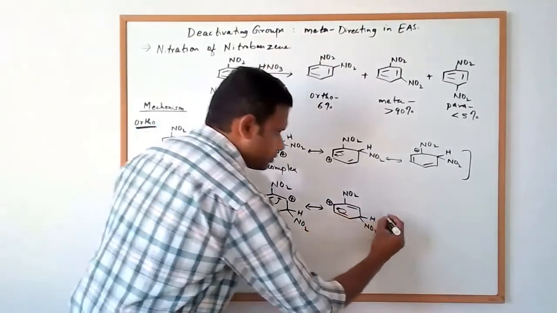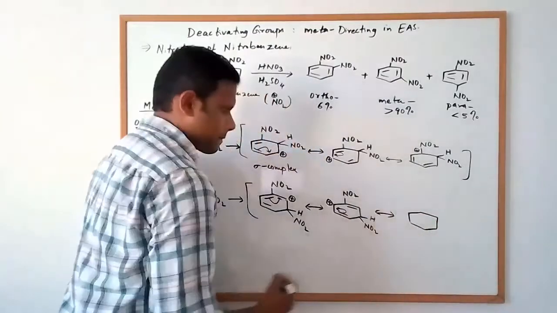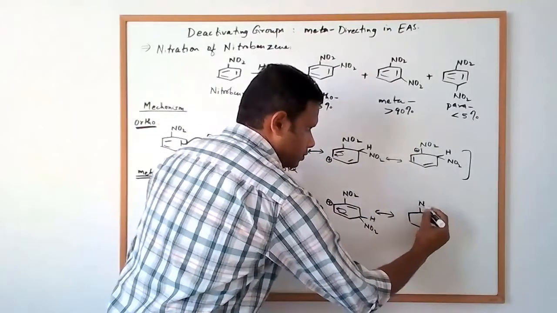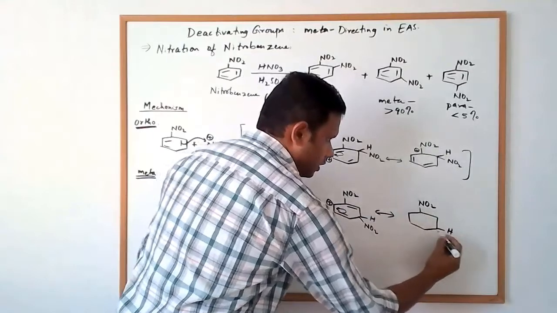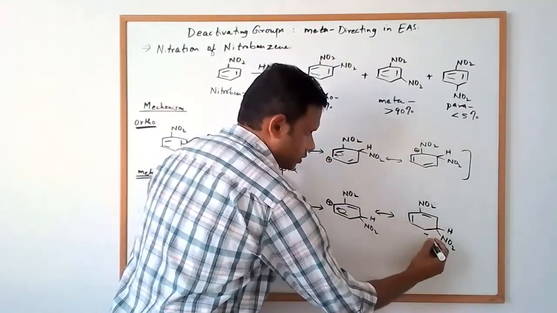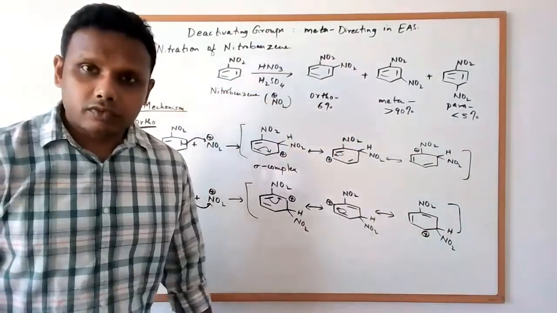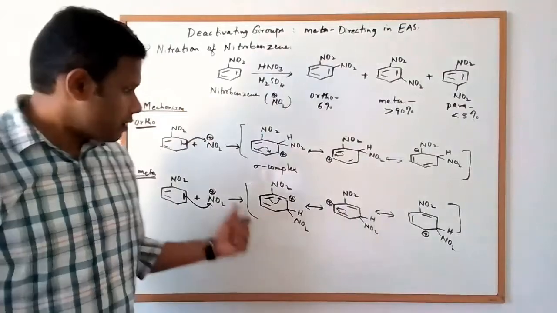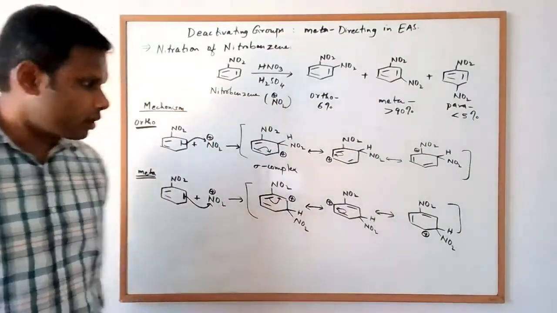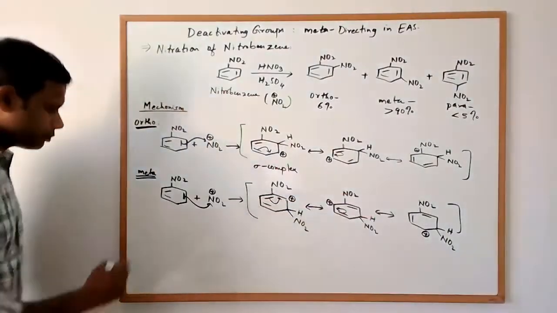And we've got positive charge here, NO2, H, and NO2, double bond, and positive charge. So those would be all the resonance forms for the formation of the meta product. Resonance forms of the sigma complex for the formation of the meta product.